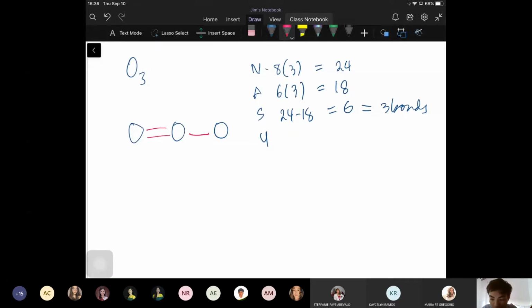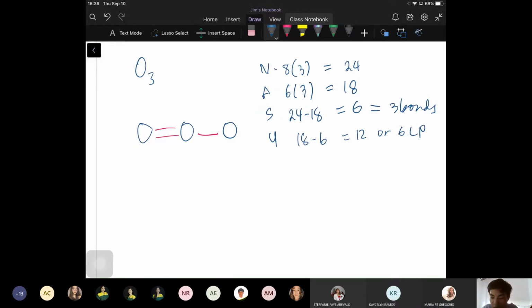Then, the unshared electrons are 18 minus 6, or 12. That's equivalent to 6 lone pairs. So, I will distribute the lone pairs in order to satisfy the octet rule. Looking at the leftmost oxygen here, it already has 4 electrons around it.